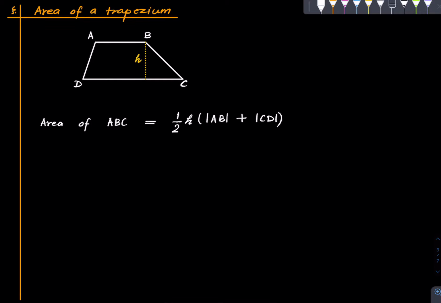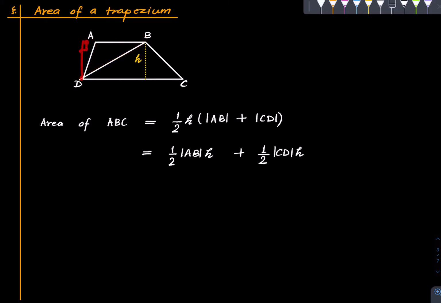That's the formula, and the reason for this is very simple. Let me just give a proof. What this says is that this is equal to half AB times H, plus half CD times H. And so what is this quantity? Just draw a line here. Consider this triangle, and think of this as the base of the triangle.